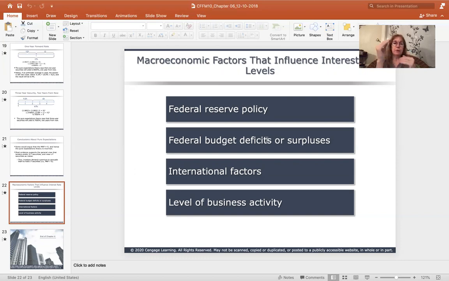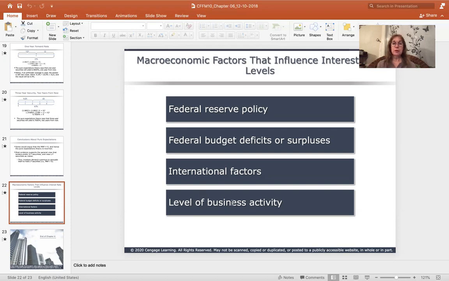You've got the supply and demand for money, for loans. When the government runs a deficit and becomes a borrower, they're crowding out private investment. So the bottom line is that it pushes interest rates higher. International factors, as far as international economies and international interest rates, can affect our rates. And then the level of business activity.